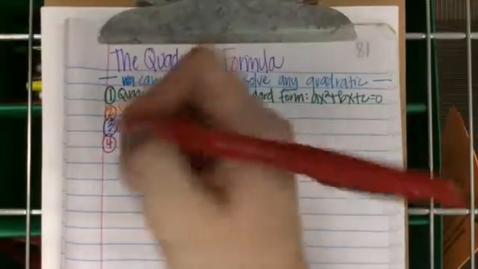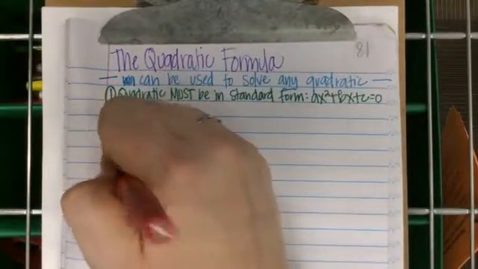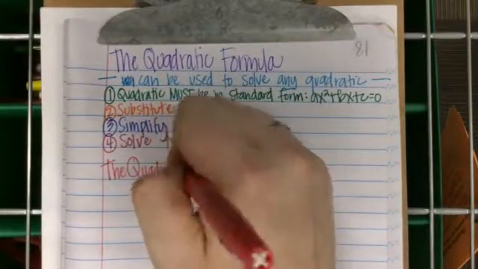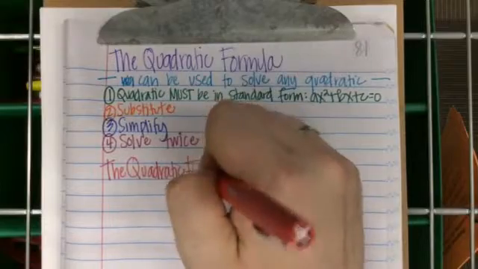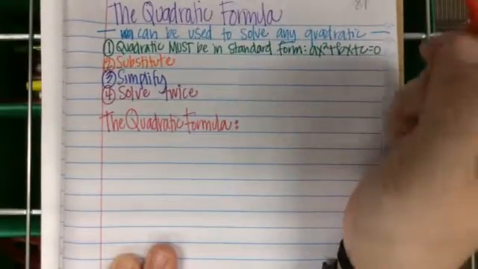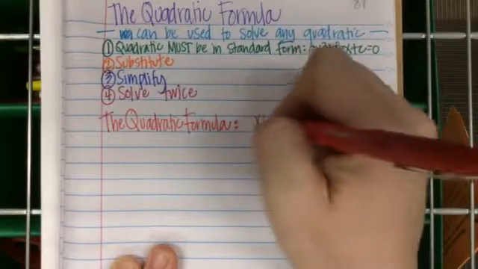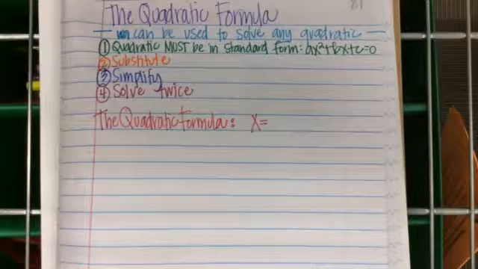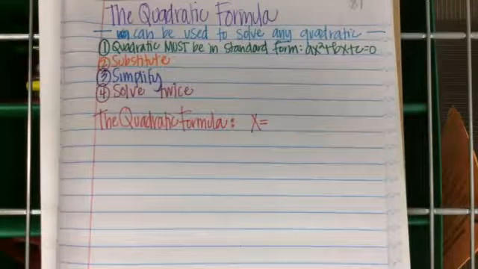All right, here's the quadratic formula. The quadratic formula is x equals, because x, right, stands for our x-intercept. It's what we're looking for. Where does the parabola cross the x-axis?